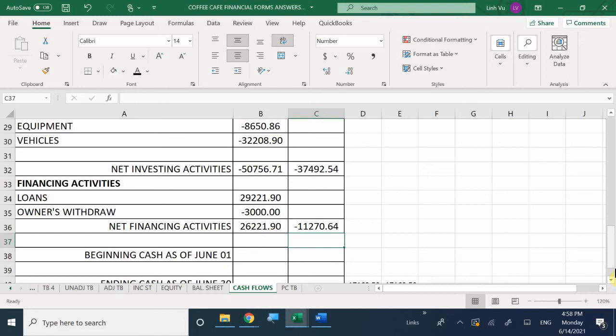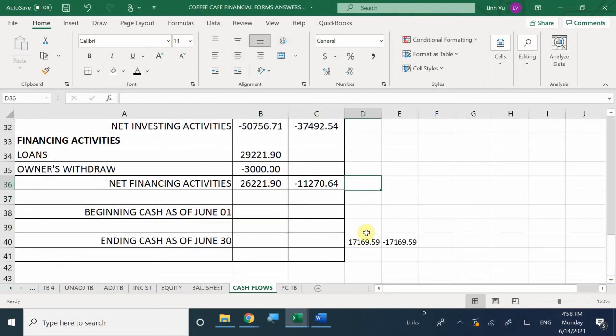Good. So what this number represents is the difference in cash flow. This is the amount of money that I spent in grand total between my operating, my investing, and my financing activities.